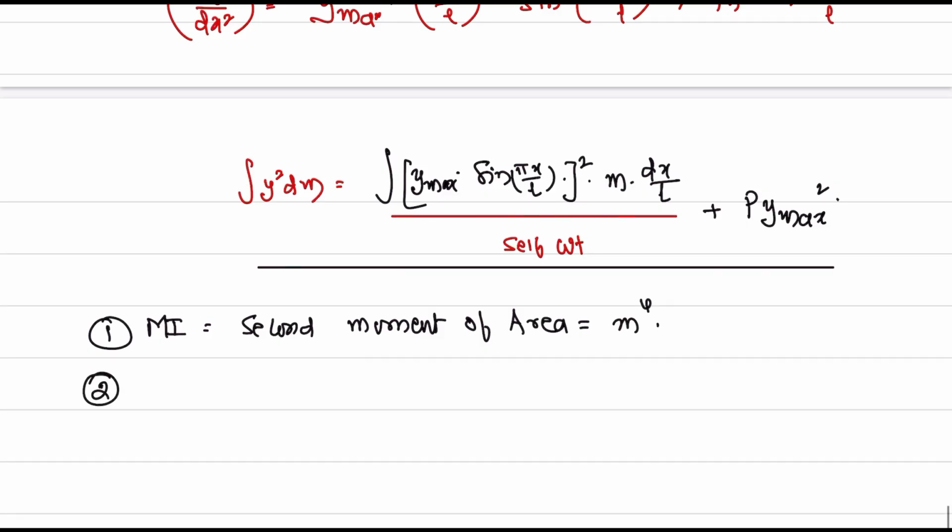Another moment of inertia is from Newton's law. Inertia is caused by mass, that is mr square, equal to mass into distance square. That is equal to applied load into distance, meaning the deflection by which the beam is deflected.